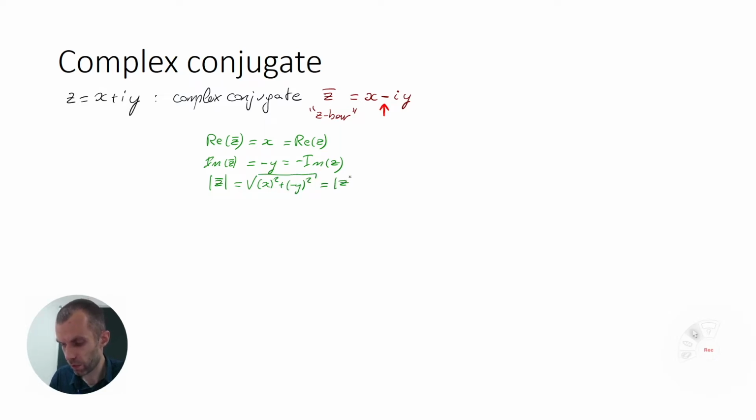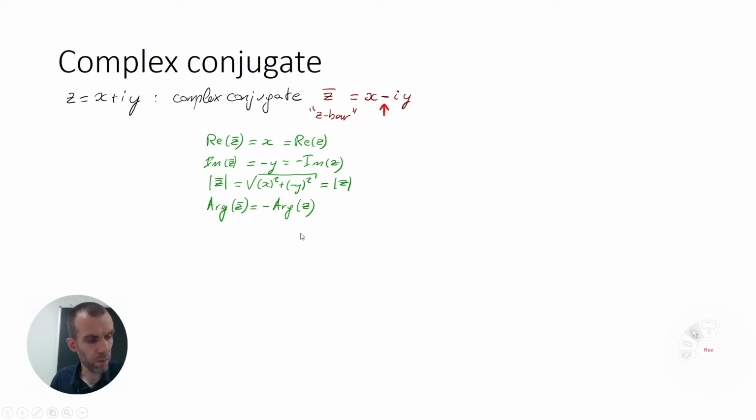So that's the modulus of z, so the modulus doesn't change. And then last, if you take the argument of the complex conjugate, what you end up with is minus the argument of the original complex number. The last one you may have to think about a bit, but basically you look at the tangent, or the arctangent, and then go from there.